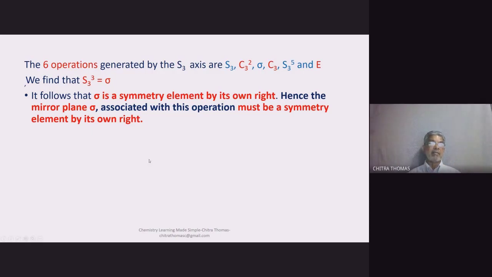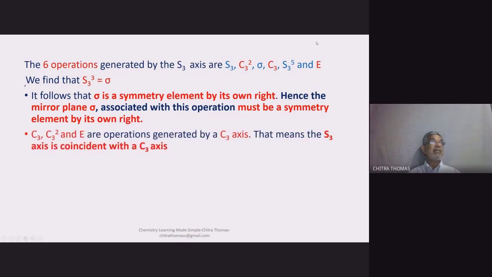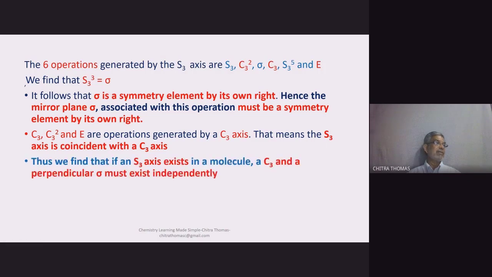This is not the case with an even order Sn axis. Then C3, C3² and identity are the operations generated by the C3 axis. That means the S3 axis is coincident with the C3 axis. The S3 axis also is a C3 axis.